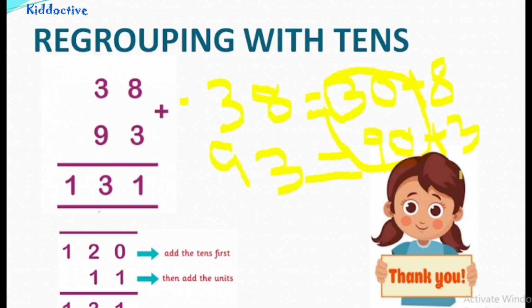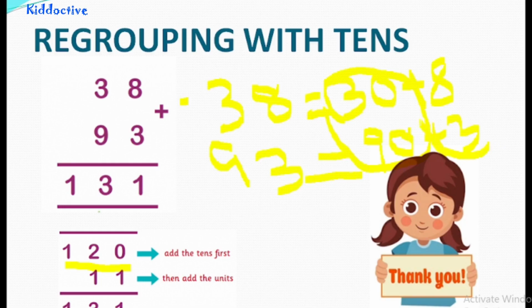Tell me, 9 plus 3, because in the ones place there is only 0. 0 means nothing. So we are going to add the tens place numbers. 9 plus 3 is, tell me, 10, 11, yes, 12. So we will get 120.